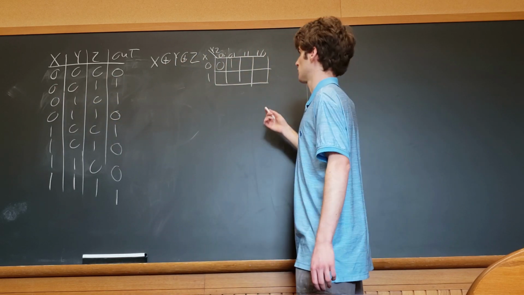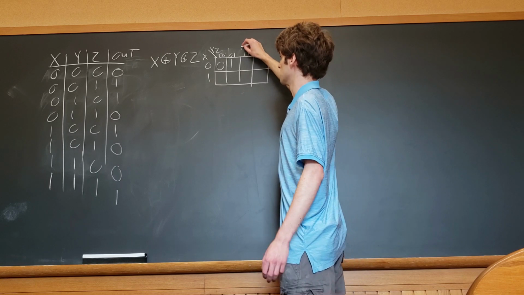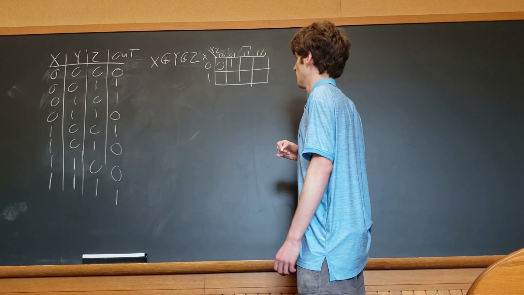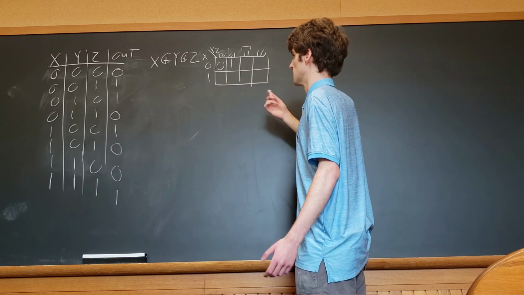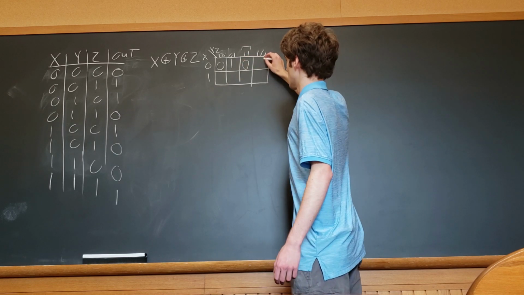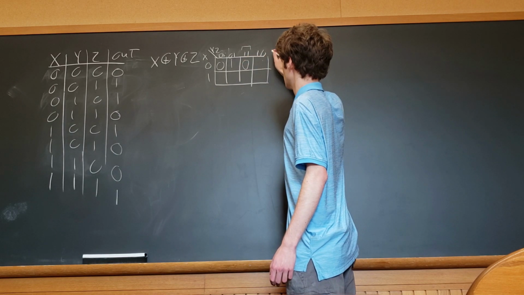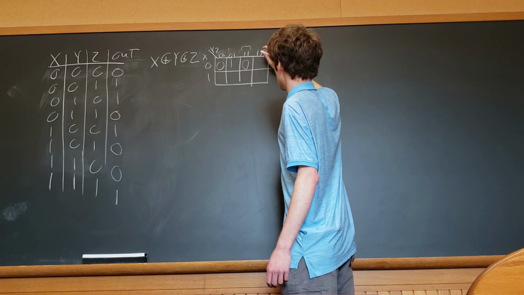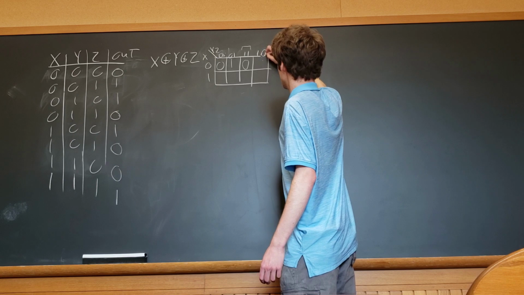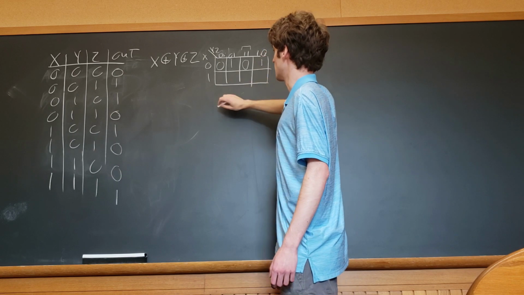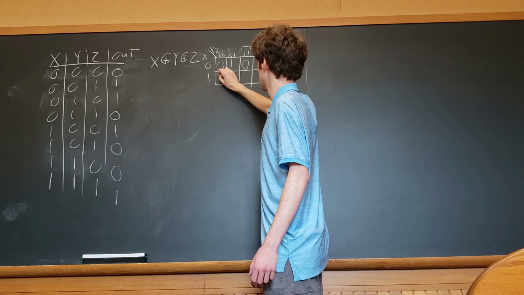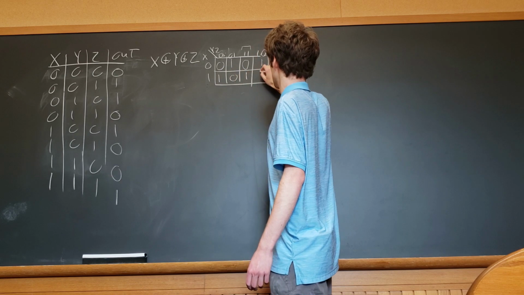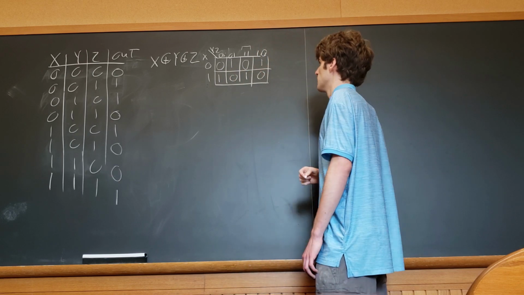And you can also just look at the Kmap and say, here I have 2 inputs that are true, 2 is even, so this is going to be 0. Going in a similar manner, sorry, this is 0, that was not clear. So we end up with this, and here we have 1, 0, 1, 0. So this is our Kmap.